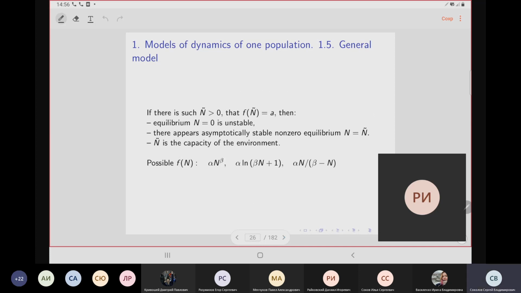So if we consider this situation from the point of view of the theory of stability of differential equations, we can conclude that we have two equilibriums in this equation, and the zero equilibrium is unstable, and the non-trivial equilibrium will be stable.